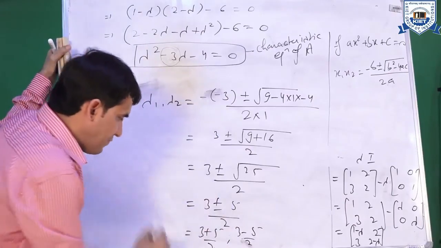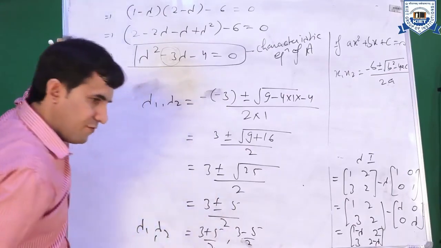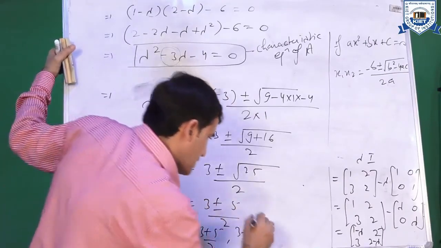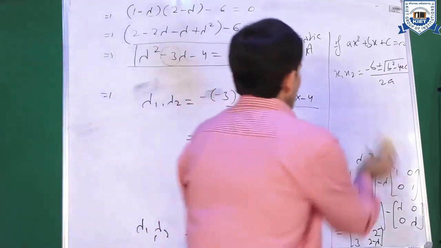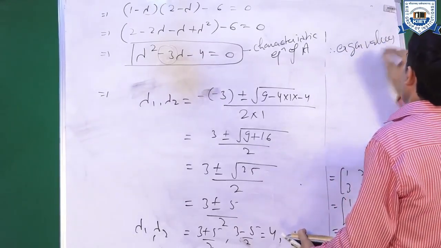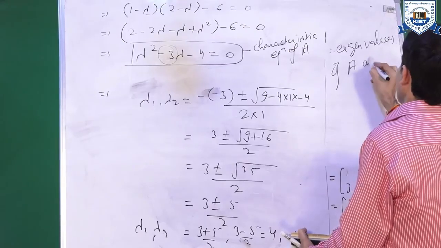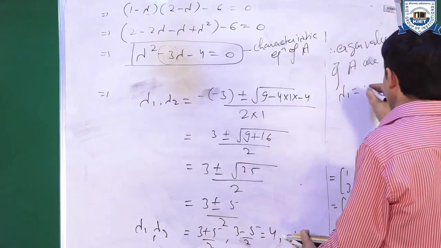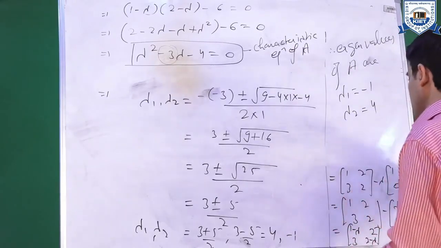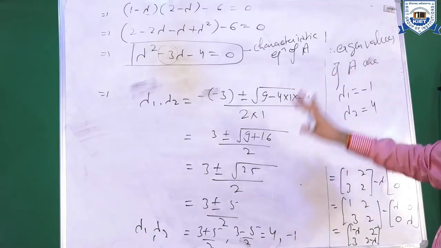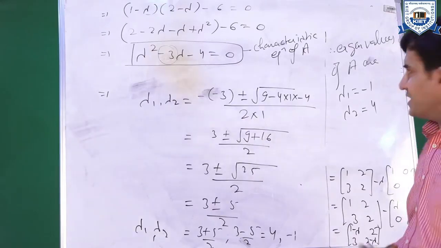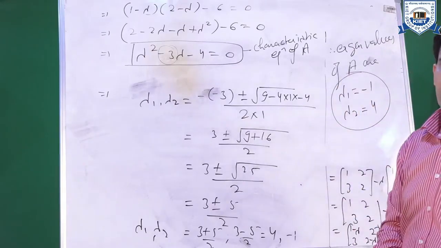When we take the plus sign, we have 3 plus 5 by 2, and when we take the minus sign, we have 3 minus 5 by 2. Therefore, the eigenvalues of matrix A are lambda 1 is equal to minus 1 and lambda 2 is equal to 4. These two values of lambda are known as eigenvalues of matrix A, which was of order 2 cross 2, and that is the reason we have two eigenvalues.